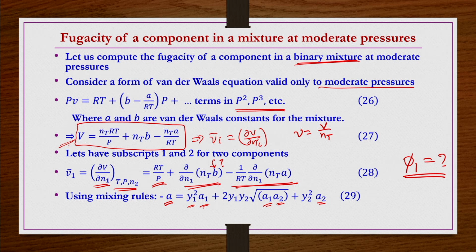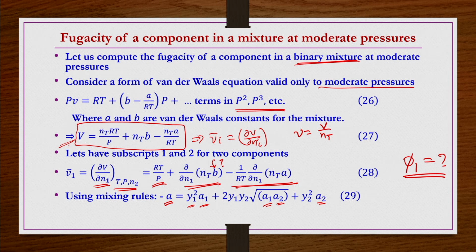A1 is the constant A of gas 1, A2 is the constant A of gas 2, and A is the constant A for the mixture of gas 1 and gas 2. So, A equals y1 square A1 plus 2 y1 y2 square root of A1 A2 plus y2 square A2.